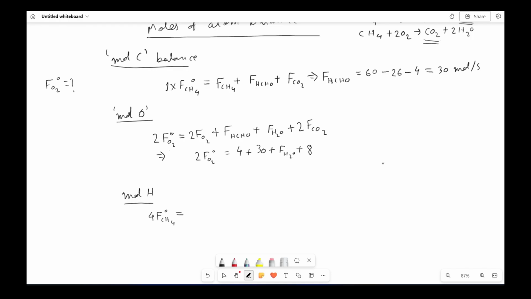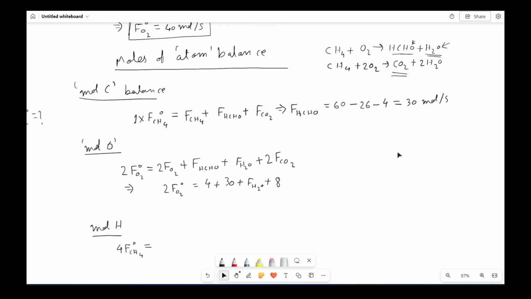which is equals to, now after reaction, hydrogen atom is present in CH4, because CH4 is also coming out of the system.